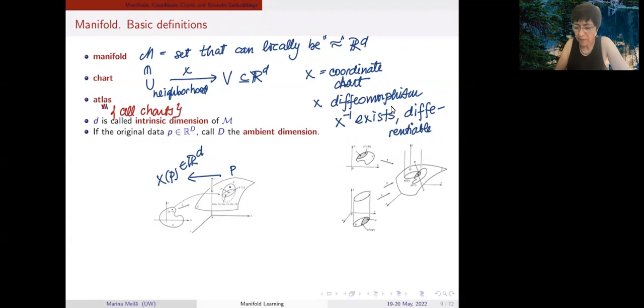We want to cover M with charts so that every point in M is inside a chart. Every neighborhood U is by definition an open set, and so it means that the charts have to overlap in some places. In that case, every point in an overlap will have more than one coordinate function. But this is part of the definition of a manifold.